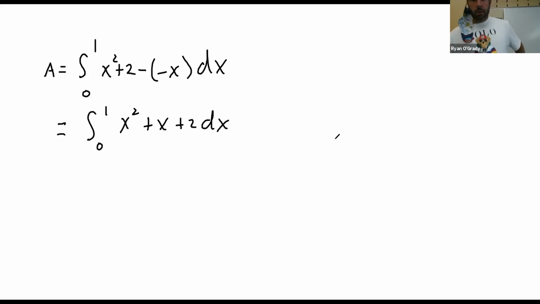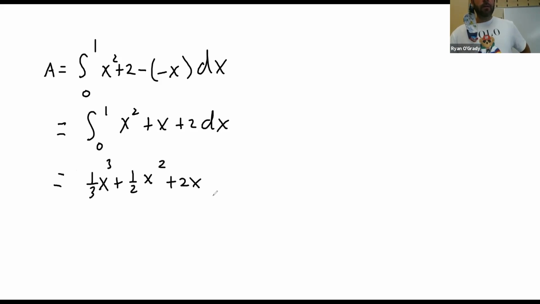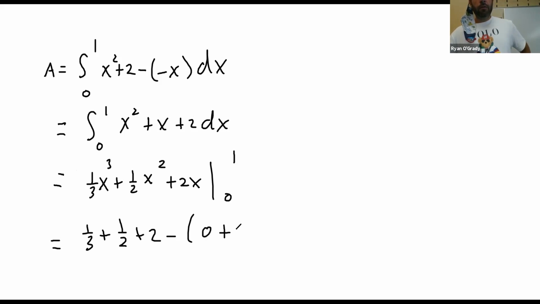And so this one is a pretty straightforward guy. You get 1/3 x cubed plus 1/2 x squared plus 2x evaluated from 0 to 1. So that's 1/3 plus 1/2 plus 2 minus 0 plus 0 plus 0.